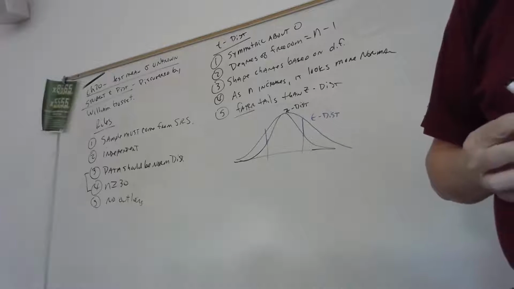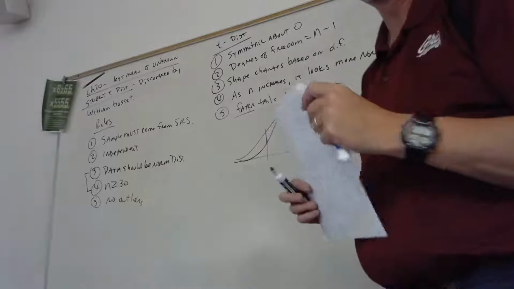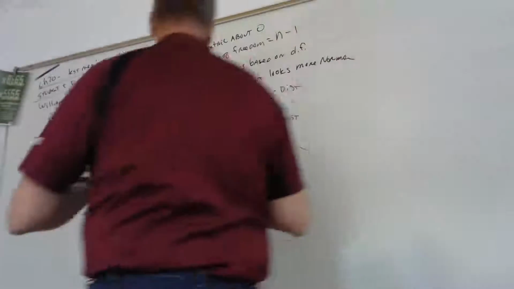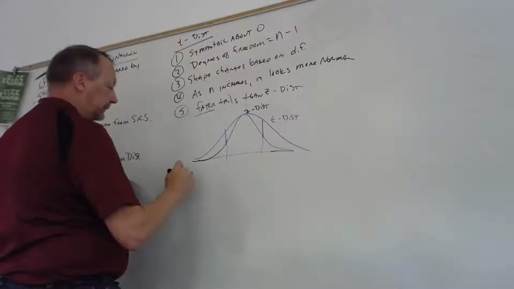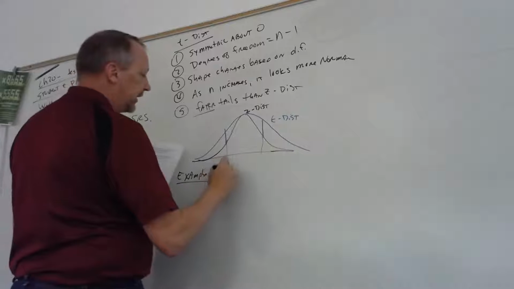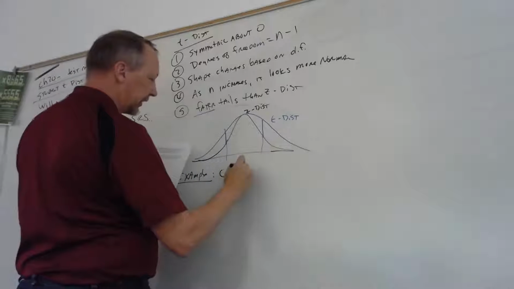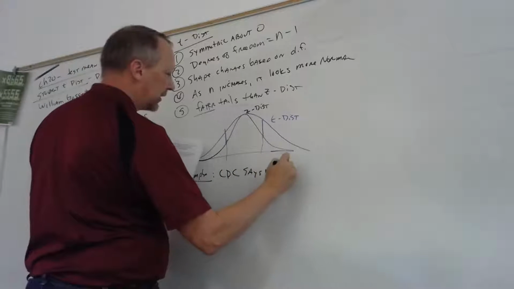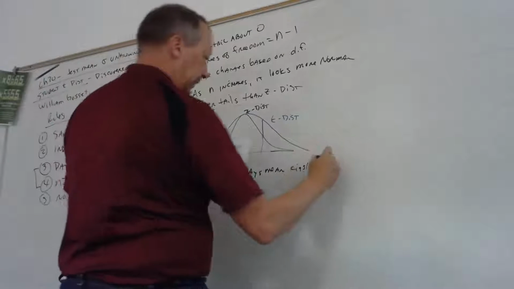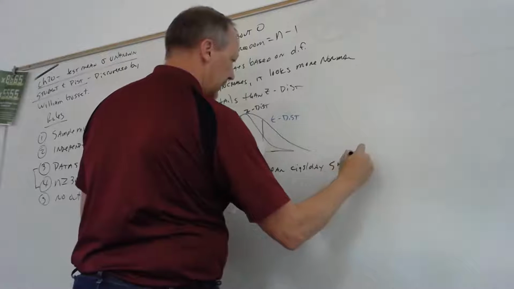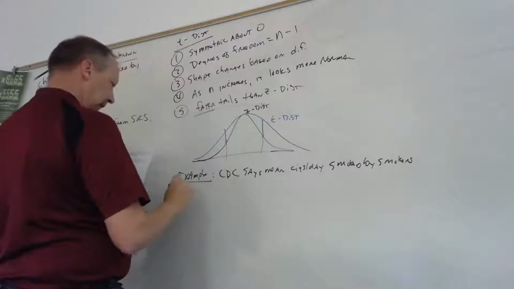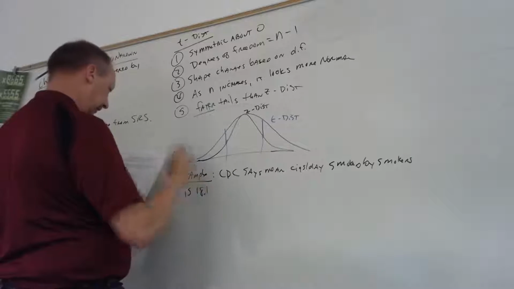Okay. All right. So let's do an example here. Actually, I'll write the example here. The CDC, Centers for Disease Control, says that the mean cigarettes per day smoked by smokers is 18.1.